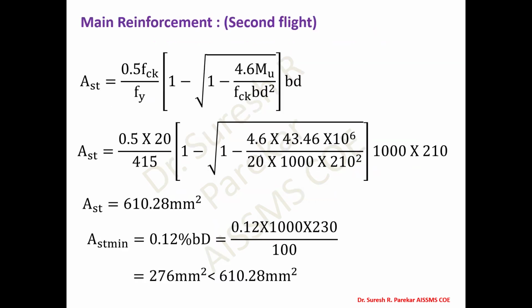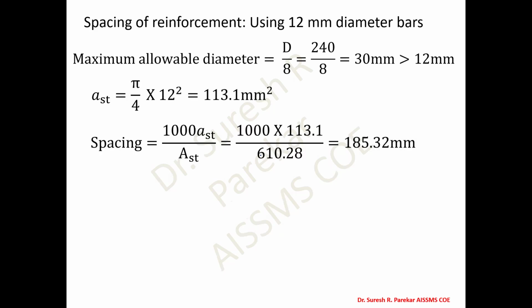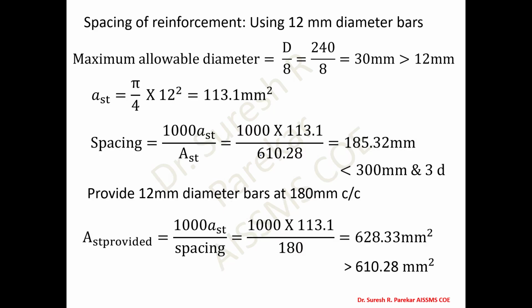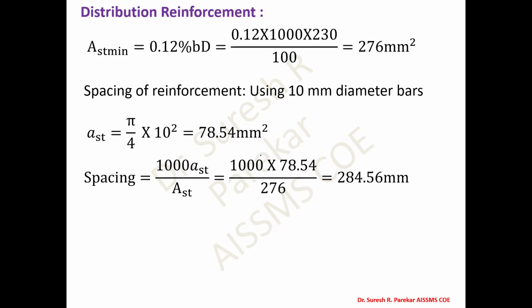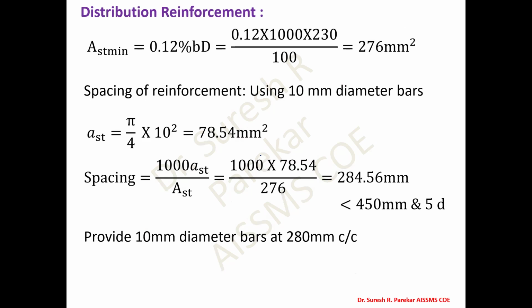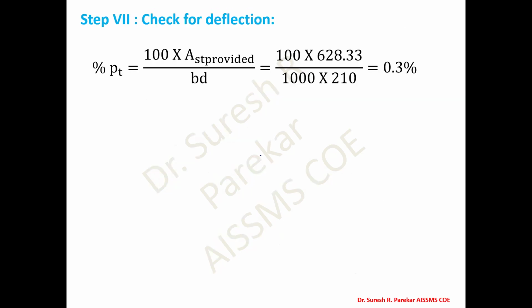Similarly, reinforcement in second flight will be same, no change. I will not explain this again. 12 mm at 180 mm center to center. Then distribution reinforcement 276, and that is 10 mm at 280 mm center to center.